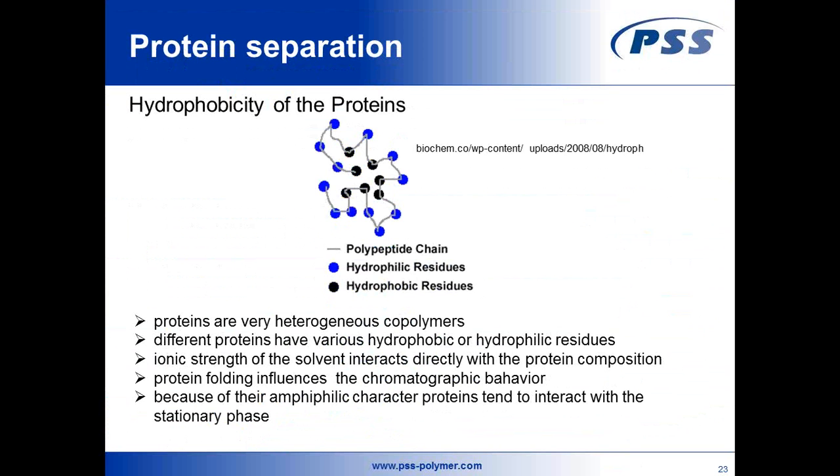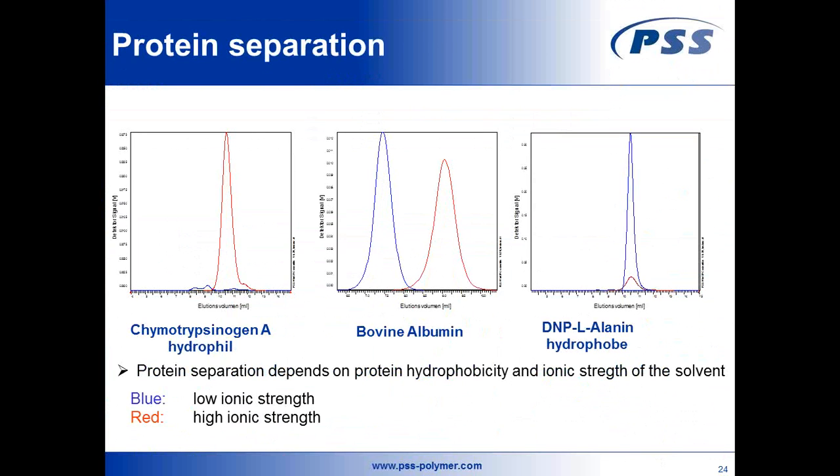So we have to cover the charges, we have to find the isoelectric point in order to have an overall neutral molecule, or we have to add some kind of salt into our system in order to improve the ionic strength, in order to get a separation of proteins according to their size and not to any kind of interaction. And how this happens, I'm going to show you in the next slides.